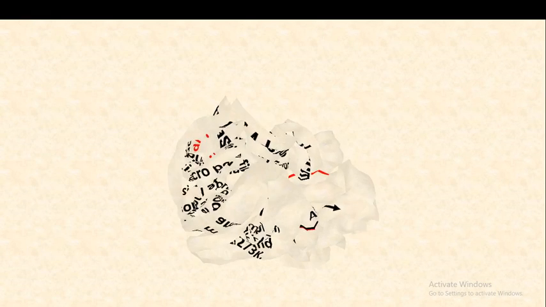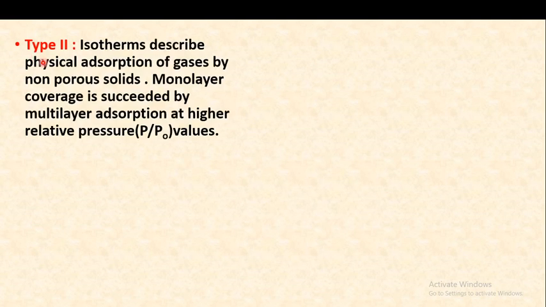Next is the type second. What happens in the type second? Type second isotherms describe the physical adsorption of gases by non-porous solids. In the type first, the adsorption was on a porous solid, and in the type second, the adsorption of gases is by non-porous solids, meaning no pore filling.